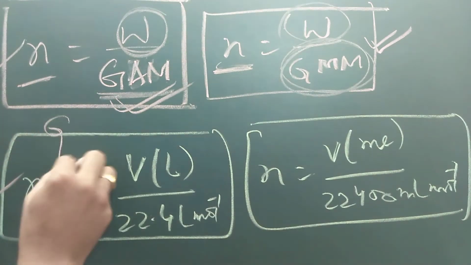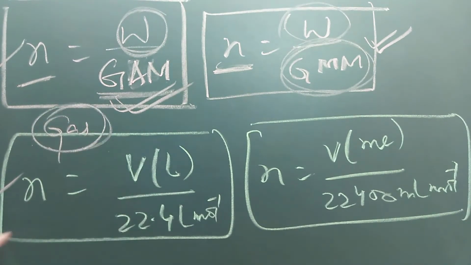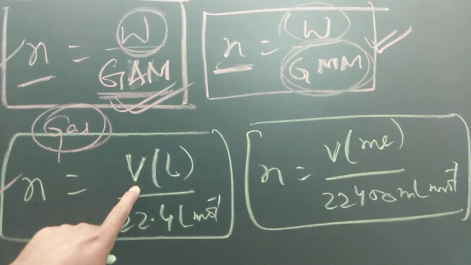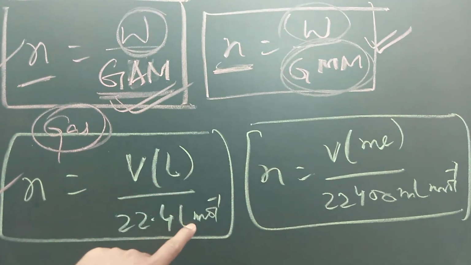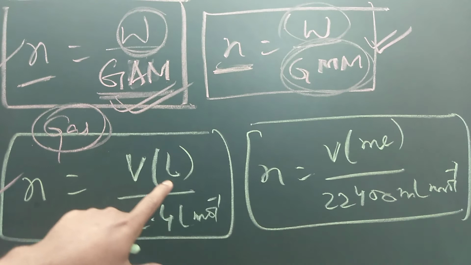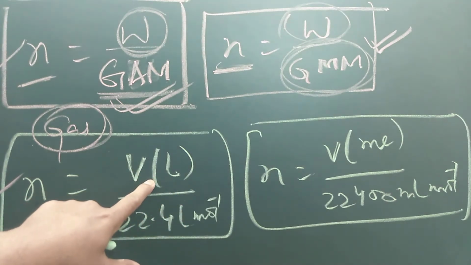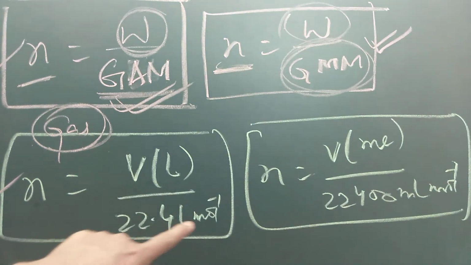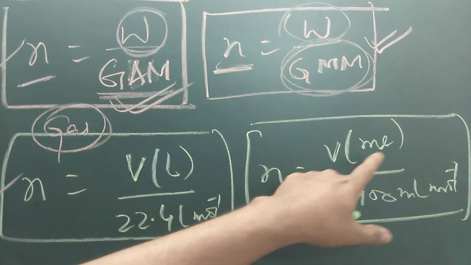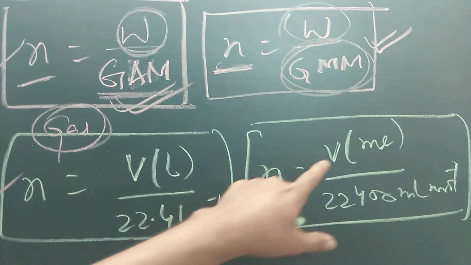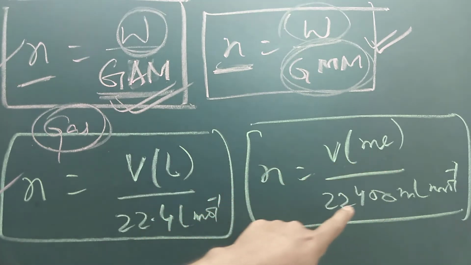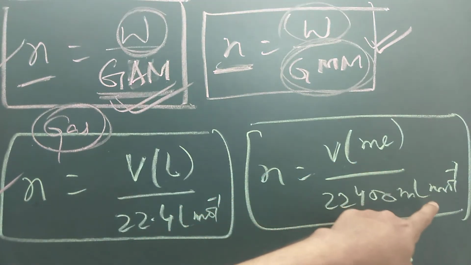Now for gases, the formula used is number of moles equal to volume in liter upon 22.4 liter per mole. When the volume is given in liter, use this formula. When the volume is given in milliliter, use number of moles equal to volume in milliliter upon 22,400 ml per mole.